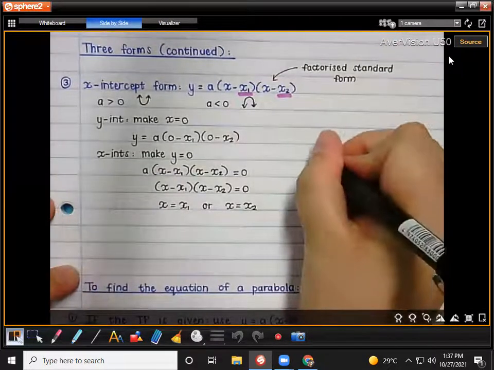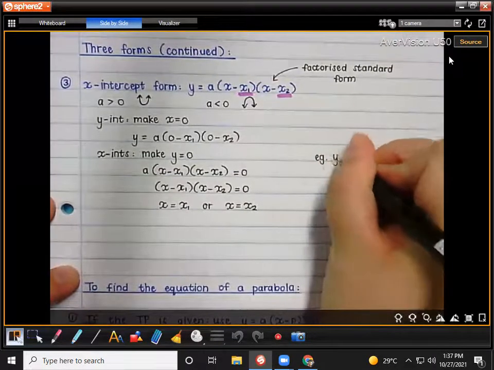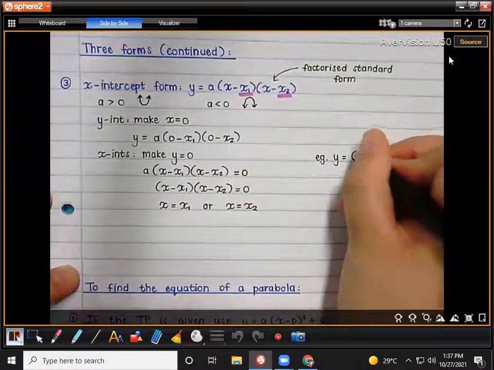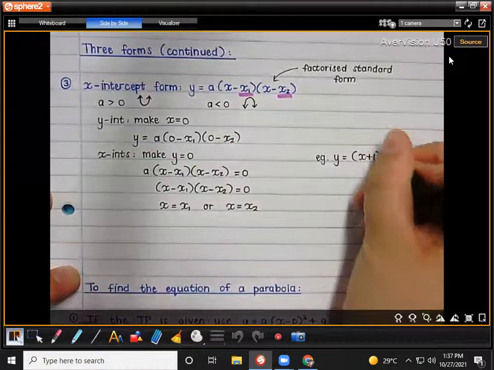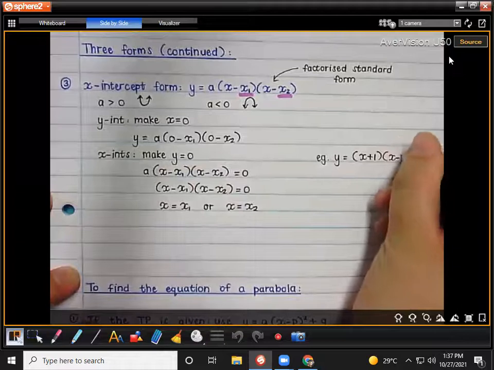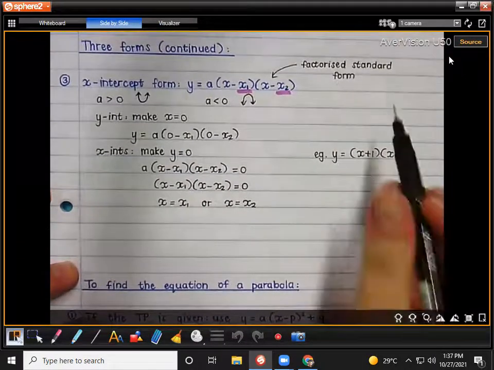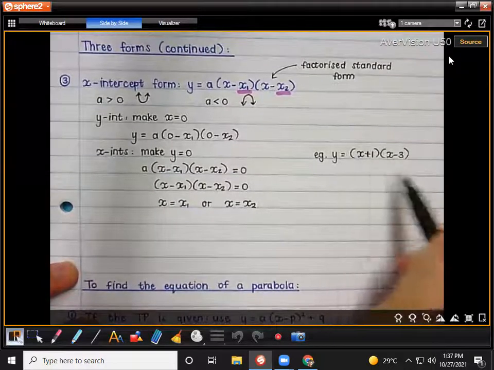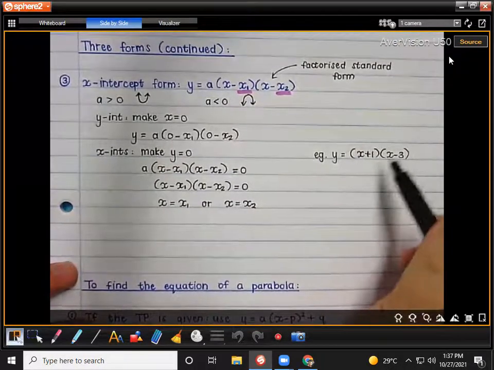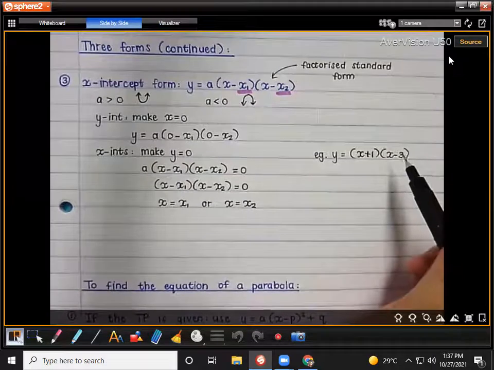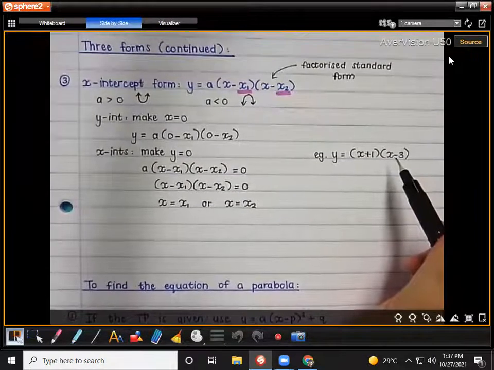For example, if they tell you that y equals (x + 1)(x - 3), and that is the equation of the graph. If we were to multiply these brackets out, we would get a trinomial, right? We would get something in the form ax squared plus bx plus c.